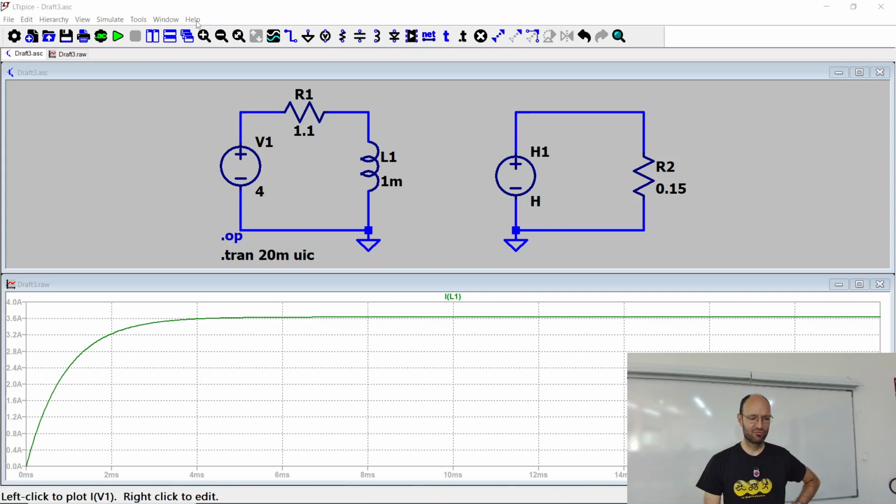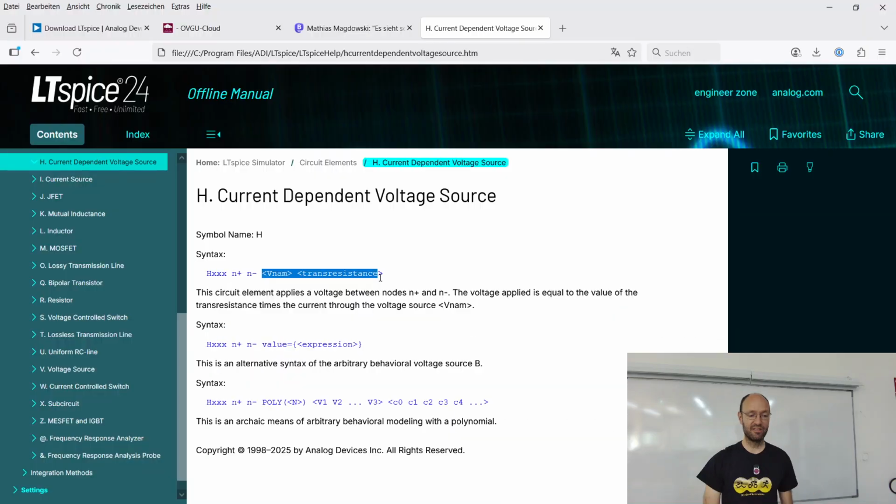And inside these circuit elements, we should somewhere find H, the current dependent voltage source. And then we can see how this works. So the source is connected to between two nodes, and then there are these two values. And the first value is the name of another voltage source.